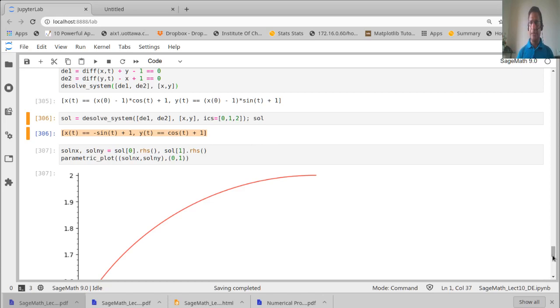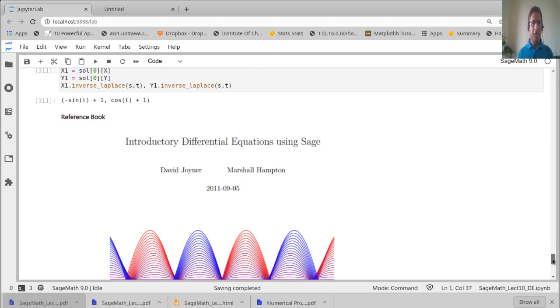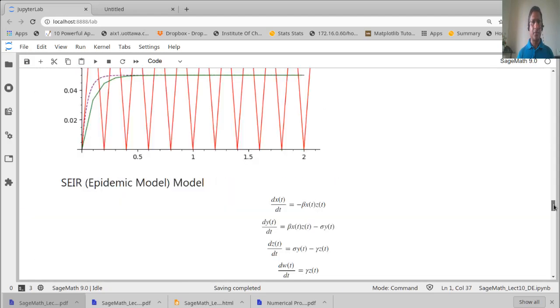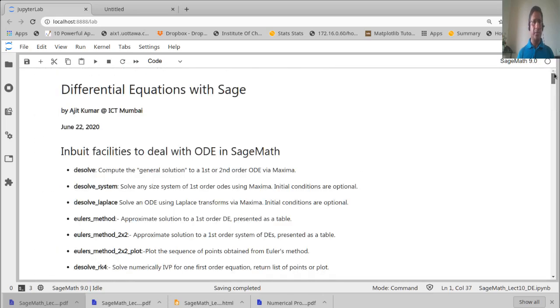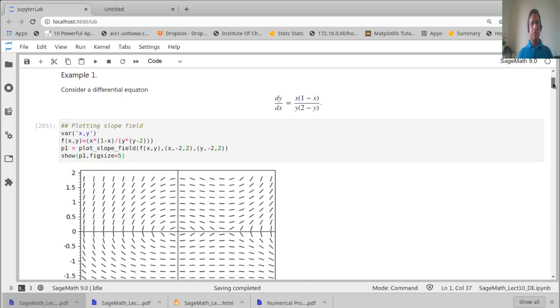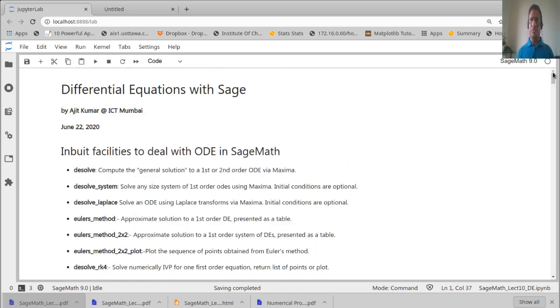Okay, and you can try for partial differential equations. I'm almost done with everything here. In this case I have just tried to give you a brief idea of solving ordinary differential equations, including systems of linear differential equations of order 1 using Sage, and also bringing out the geometric meaning of the solutions and various other things.